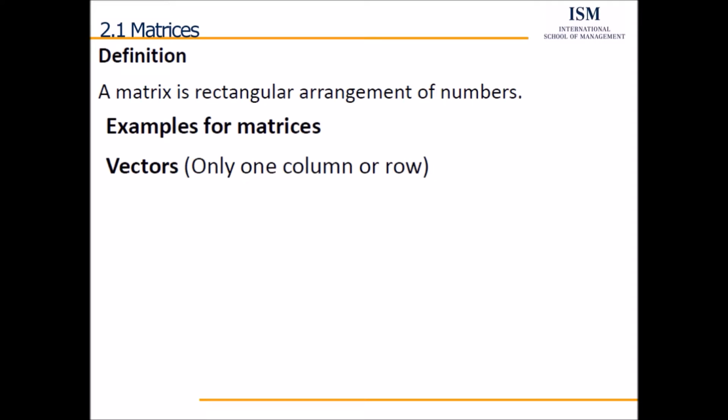A matrix with either only one row or only one column is called a vector. Matrices with a single row are called row vectors, and those with a single column are called column vectors.